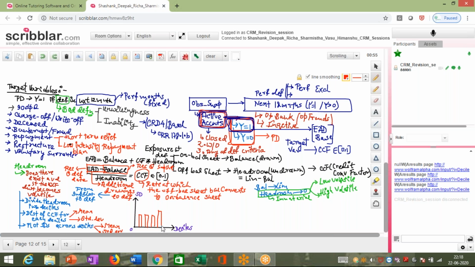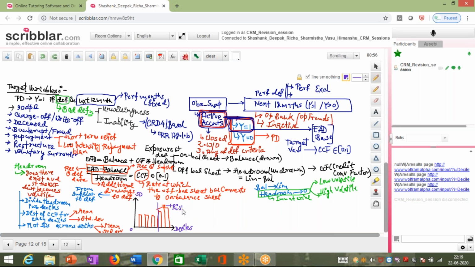After this point onwards, the standard deviation increases, and it increases at an increasing rate. So you know that once I have hit this decile, the riskiness in the data in the model has increased. This is where the riskiness is.